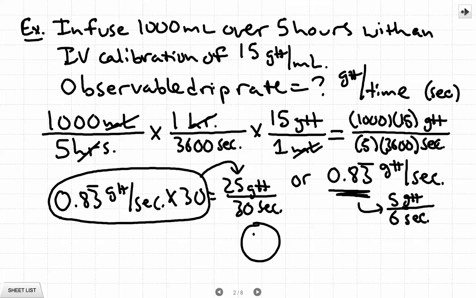This we can work with. Right? You can see yourself standing there, conducting a 30-second interval, and seeing if 25 whole drops pass by during that interval. So that would be a perfectly appropriate observable drip rate. And again, you're just going to have to finesse it a little bit. Once you get the number of drops per second here, you're going to have to multiply by 30 or maybe multiply by 40 to see what's going to work. But for this particular problem, a drip rate of 25 drops over 30 seconds will work.